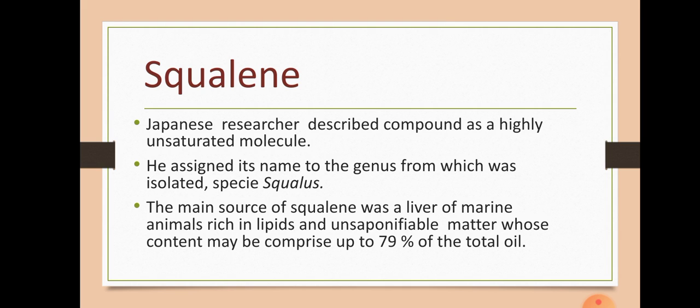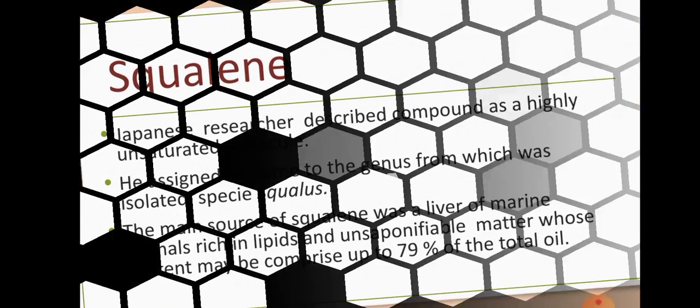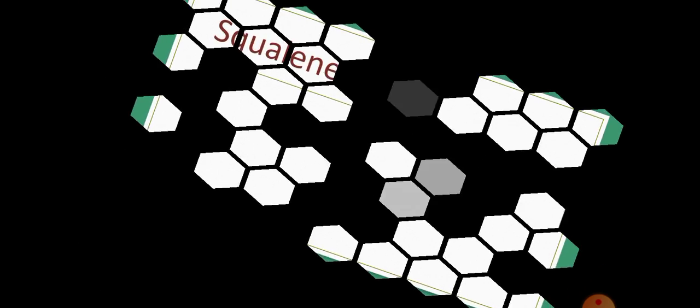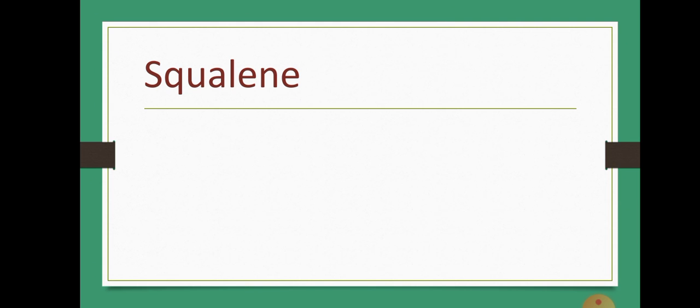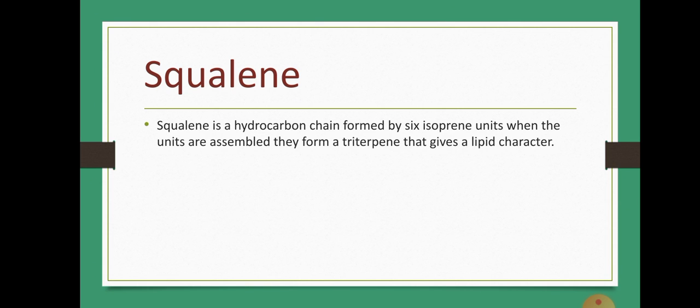Many sharks belong to the genus Squalus. That's why we named this compound squalene, after their genus. The main source of squalene was the liver of marine animals, because the liver of marine animals is rich in lipid compounds.